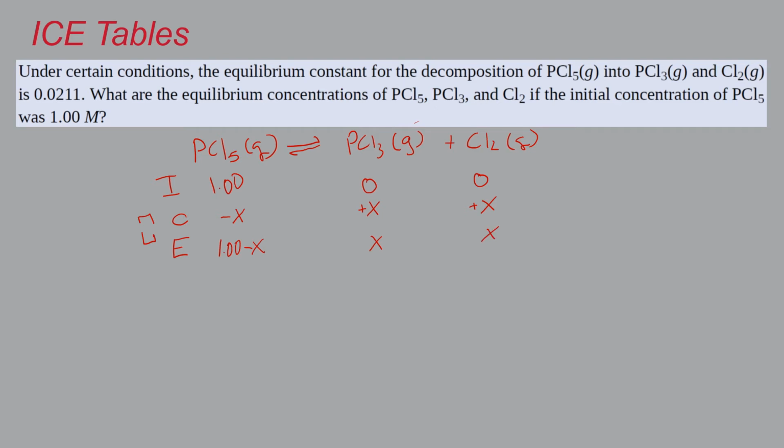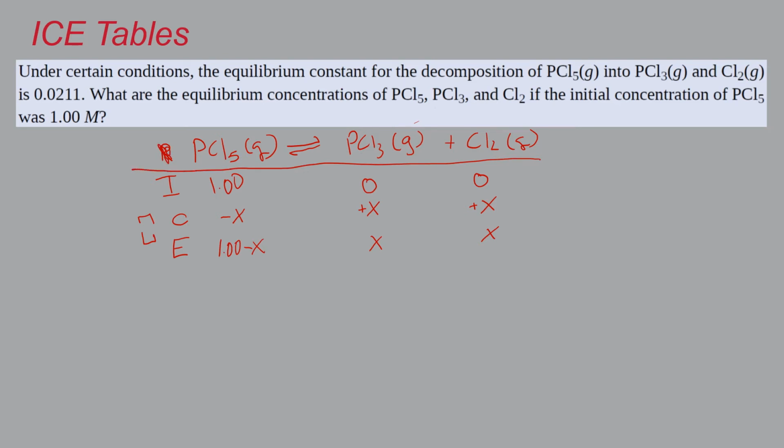And now you can see why this is called, euphemistically, an ice table, because you've got a column of initial concentrations, changes, and equilibrium concentrations. I just now learned this after a couple decades, it's often also called a Rice table, because technically the top column here is the reaction, but I just like calling it ice.